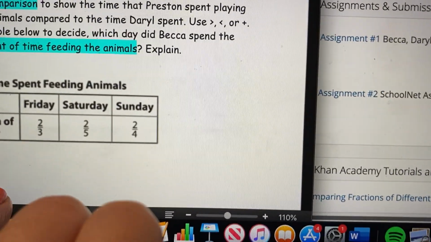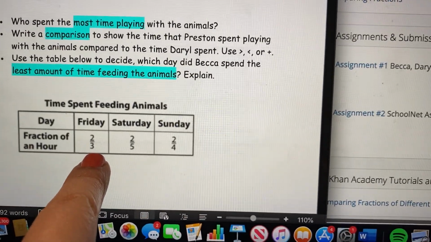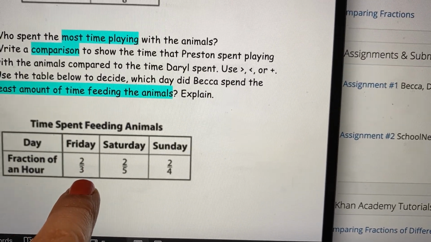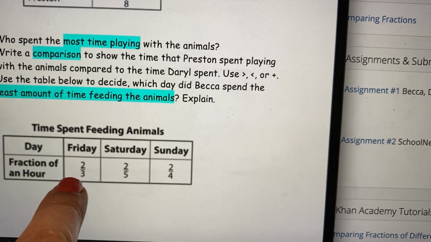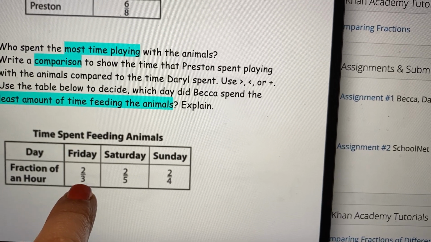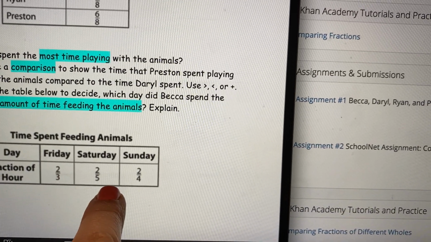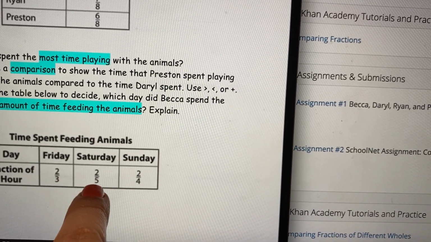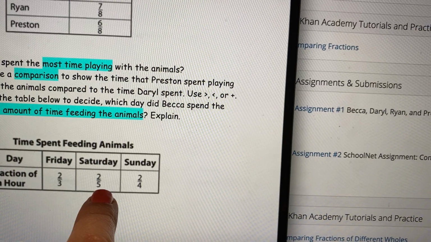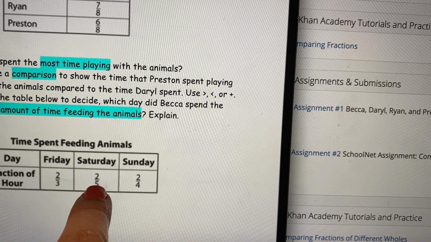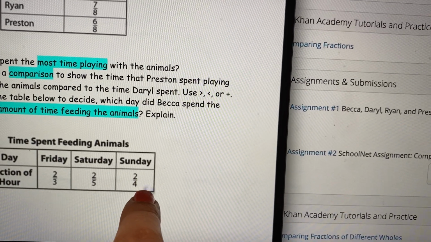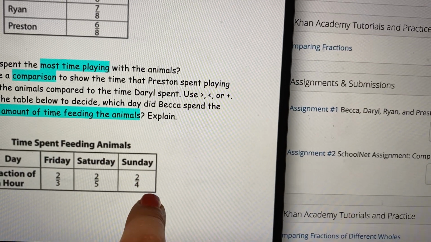So right off the bat, let's say you have beads, how many beads would you grab? You would grab 3 beads, right? And then you have to show me 2/3 with those 3 beads. If you have 5 beads, how many beads are you gonna take out to show me 2/5? So make sure you use 2. And then with this one, you're gonna show me 2/4.